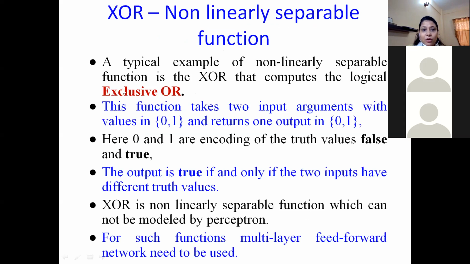We know that all the Boolean functions like AND, OR, and XOR, we usually represent by utilizing only two input variables, x1 and x2.